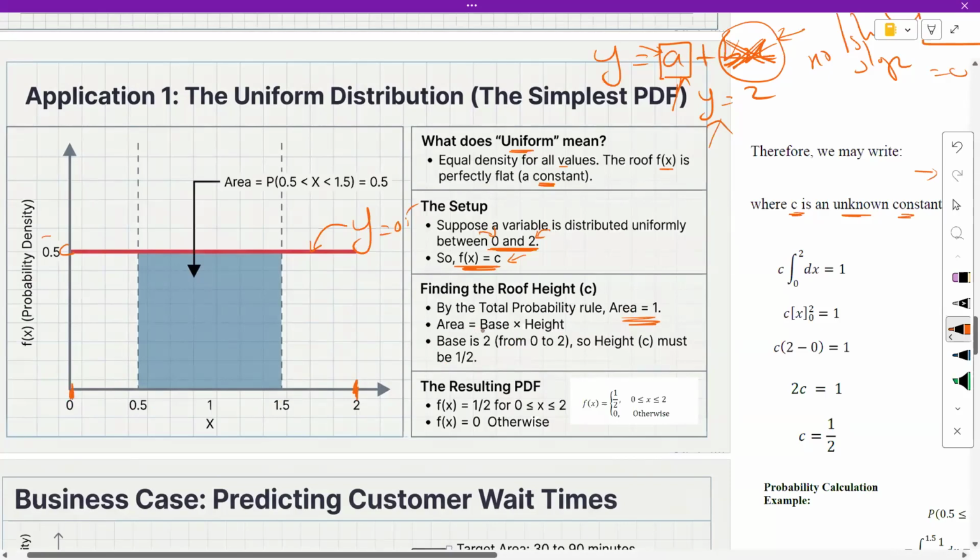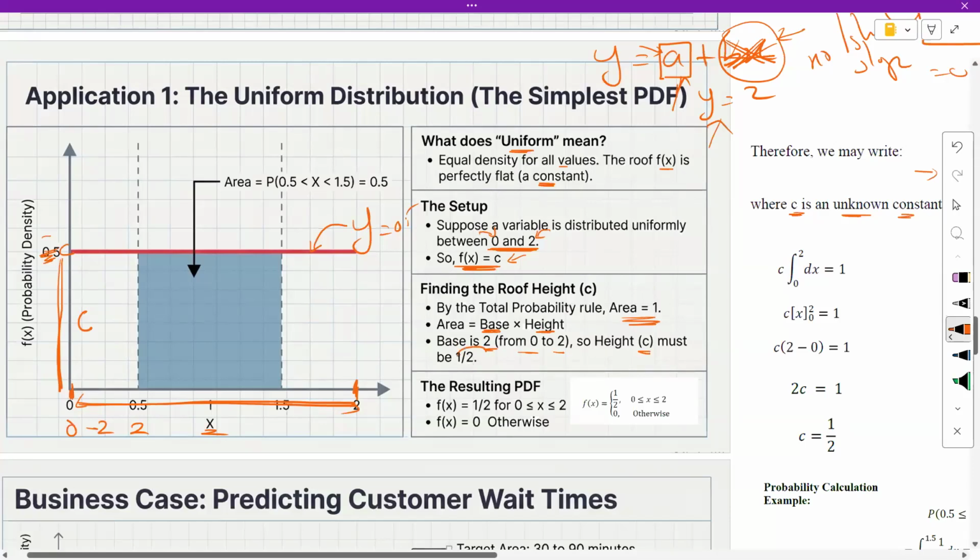Normally the area equals base times height. This is the base and this is the height. We don't know what the height is, so the height is c, and the base is 2, meaning from 0 to 2. So area equals base times height.